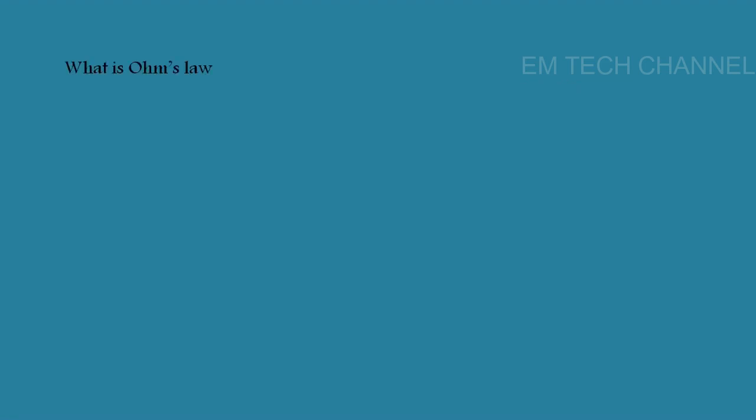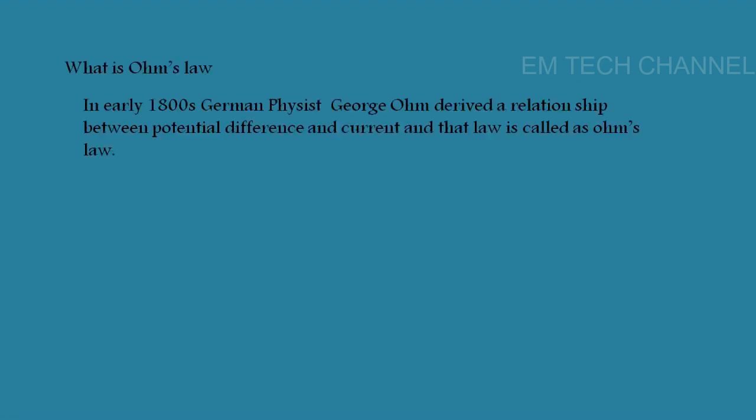First, what is Ohm's law? Ohm is actually the name of a German physicist, George Ohm, who derived in the early 1800s a relationship between the potential difference and current, and this derivation is called Ohm's law.